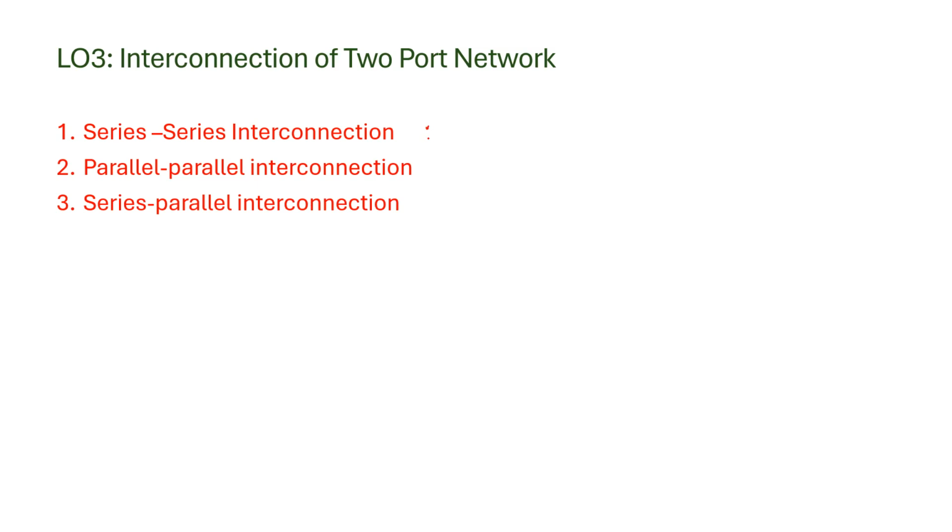So series interconnection is required to analyze said type of simultaneous fault, whereas parallel interconnection concept is required to analyze Y type of fault, and series parallel interconnection or vice versa parallel series interconnection is required for analyzing H type of simultaneous fault.